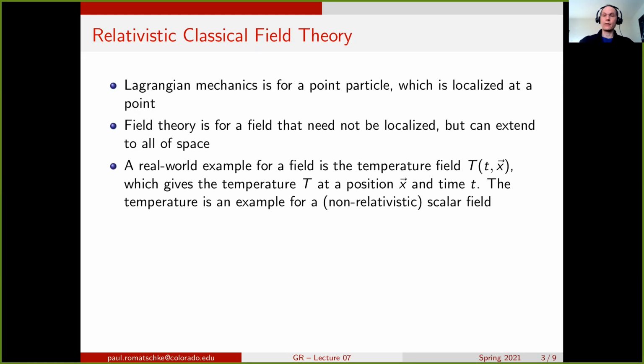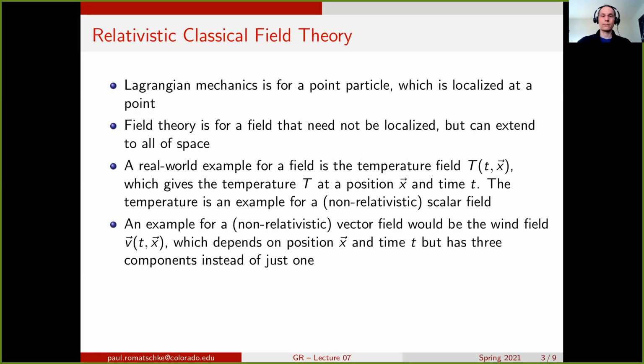Real-world examples of field theories, or fields in general, are the temperature field, the temperature as a function of time and location, which is simply the temperature at a position x at some time t. The temperature is an example of a field, even though it's a non-relativistic scalar field.